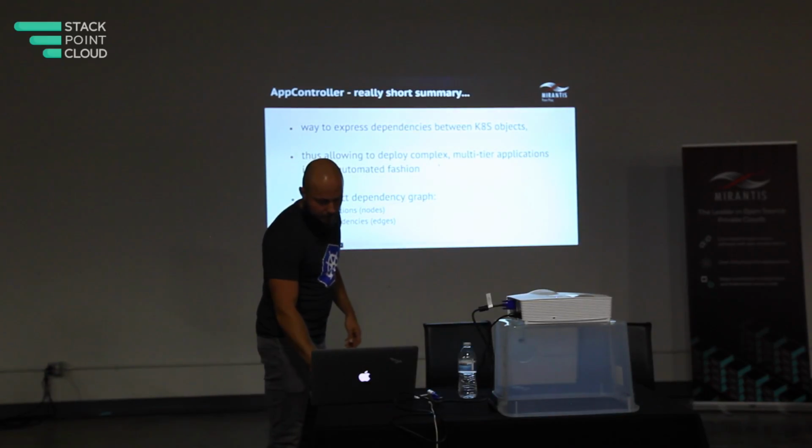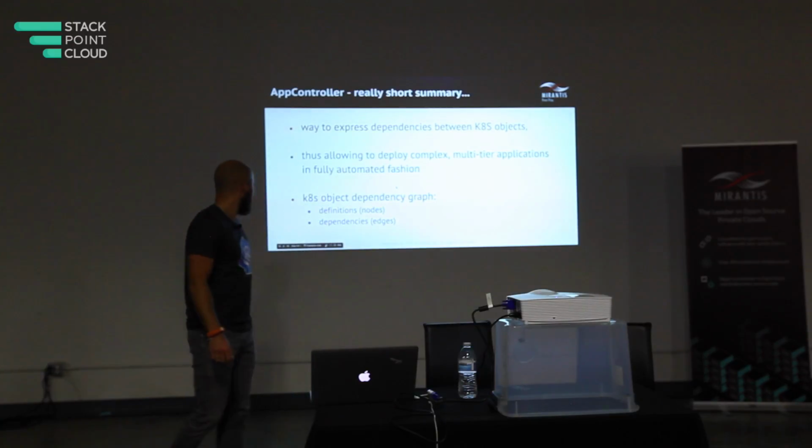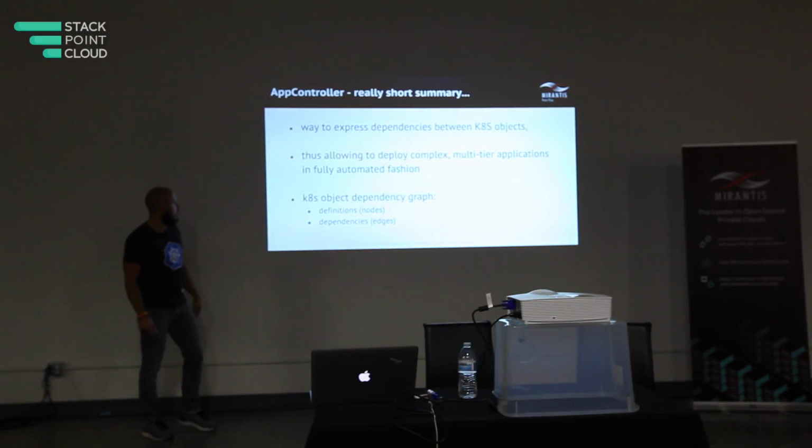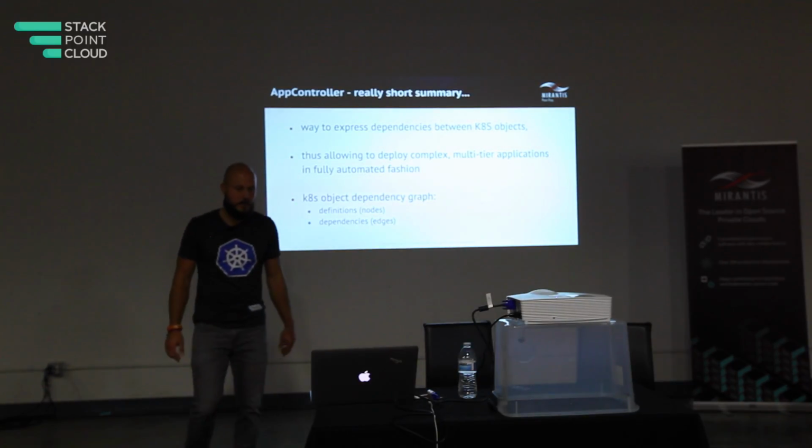There are two types of Kubernetes resources that get created in this graph. These are definitions, which correspond to nodes, and dependencies, which form the edges of this graph.